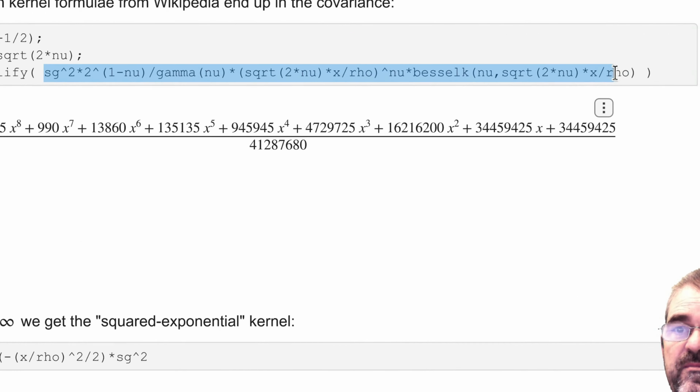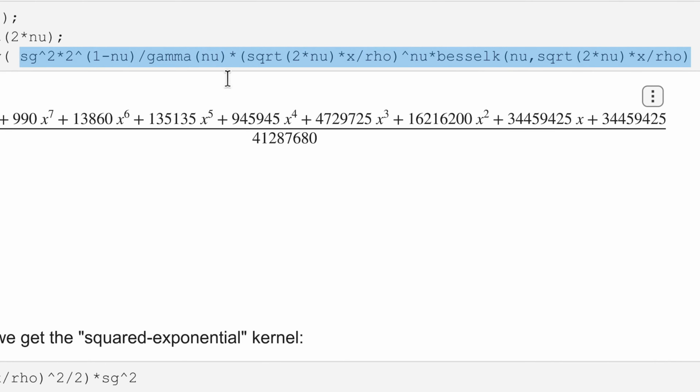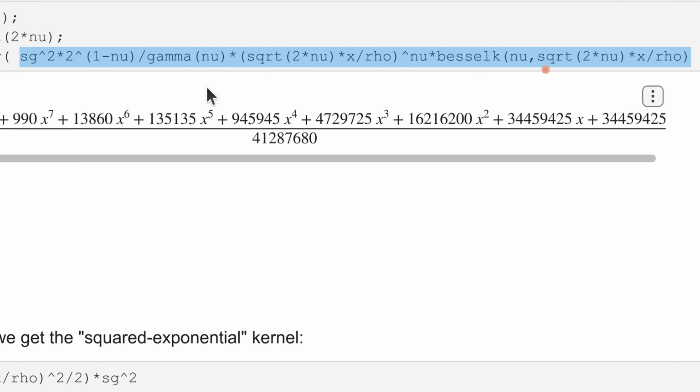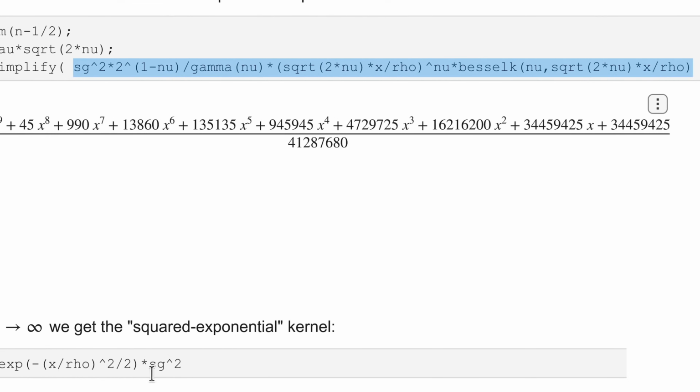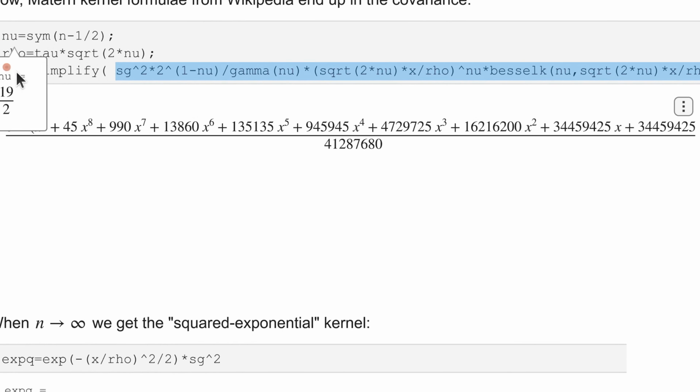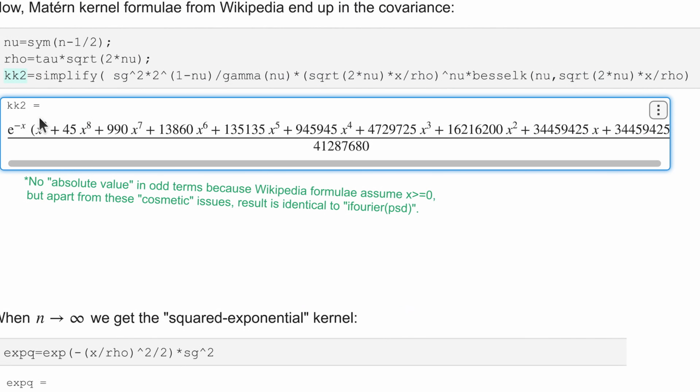And if I type these Gamma and Bessel and whatever functions with these values for the nu and rho parameters, you can pause, download the code, and check that this is what Wikipedia is saying here. Then if I evaluate this with these nu and rho parameters, I get this kk2, which is exactly the same as above.